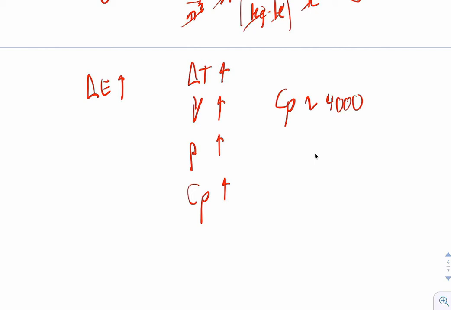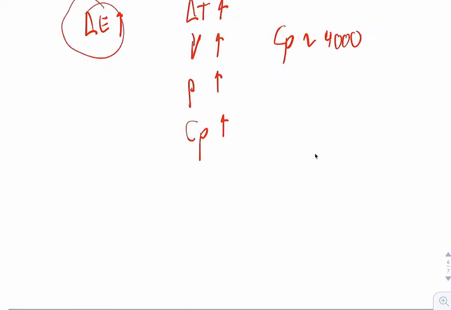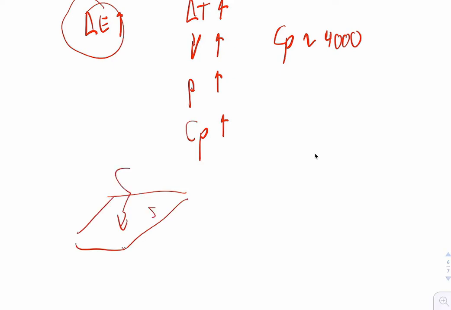So this is the change in energy required. Then we think, where's the energy coming from? It's coming from the heat flux to the top of the box, to this surface area S. We have a certain Q, and Q has units of watts per meter squared. That's the amount of energy per unit time that's passing through every square meter of the surface.